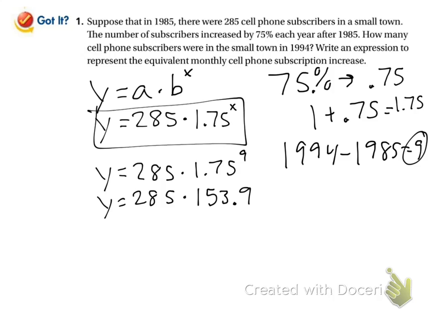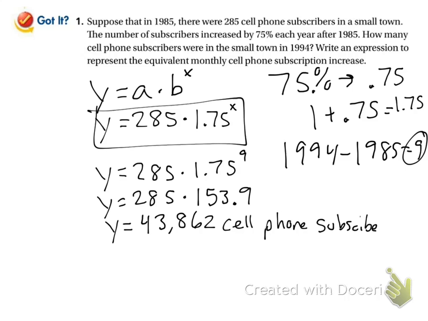And then 153.9 times 285 gives us 43,800, and we'll round it up to 62. So 43,862 cell phone subscribers. And that would be our answer.